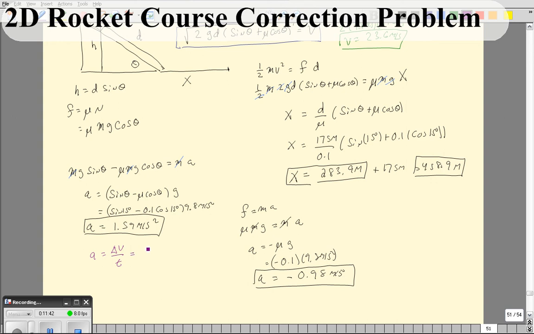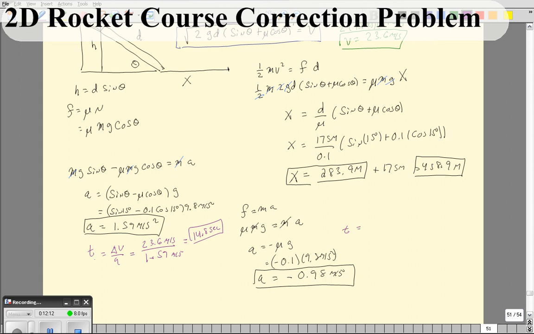Well, that change in velocity on the way down was going from 0 to 23.6 meters per second over 1.59 meters per second squared. So really what I've done is I've said t equals delta v over a. And that gives us a time on the way down of 14.8 seconds. Go ahead, watch the video, see how close you think that comes.